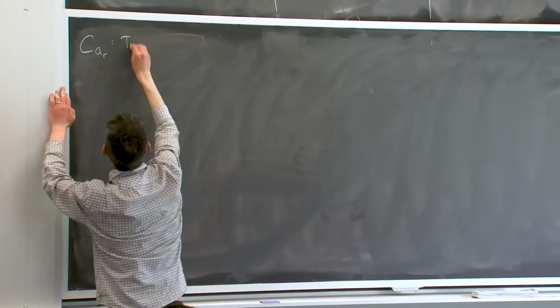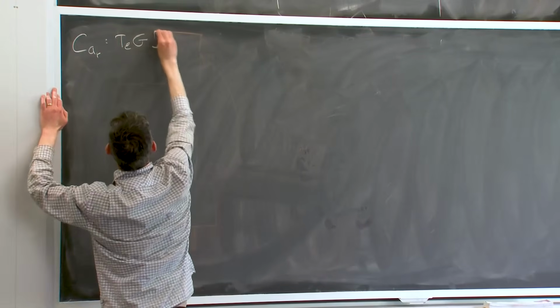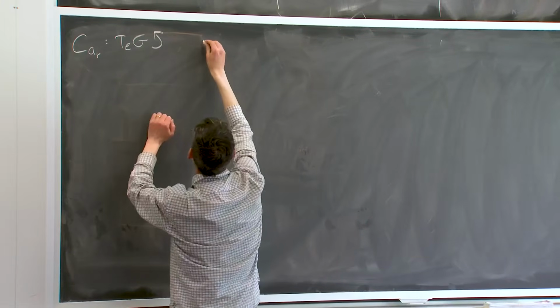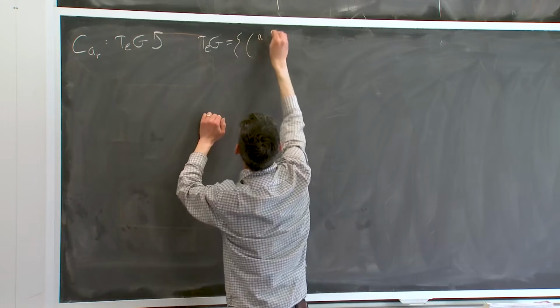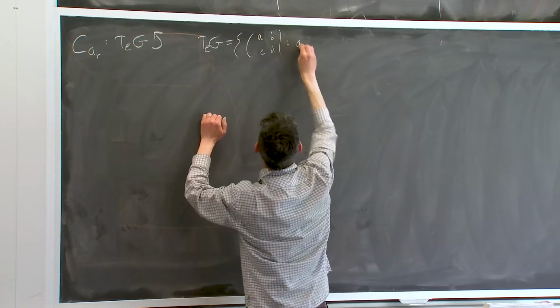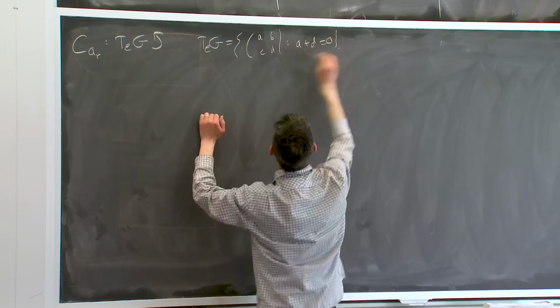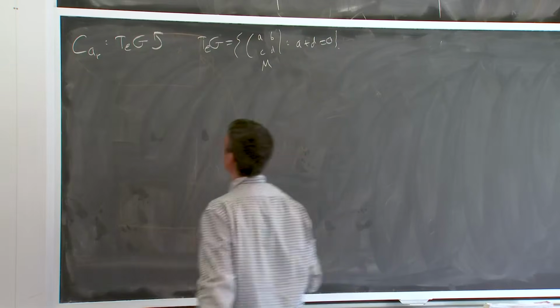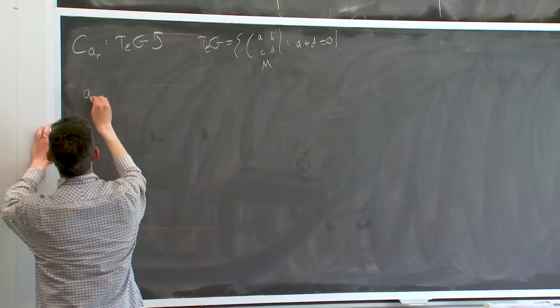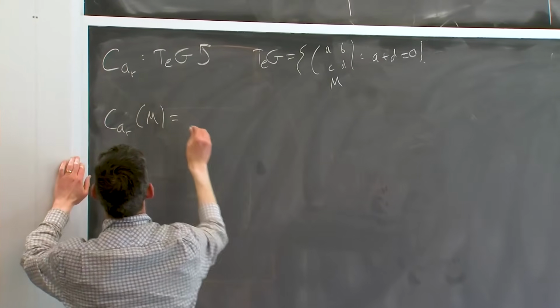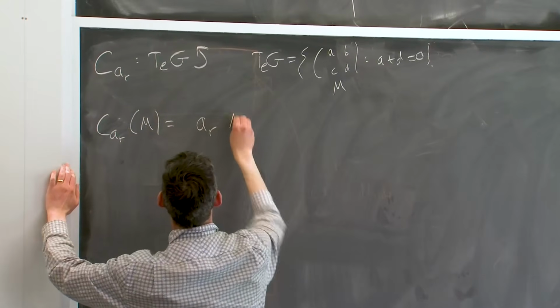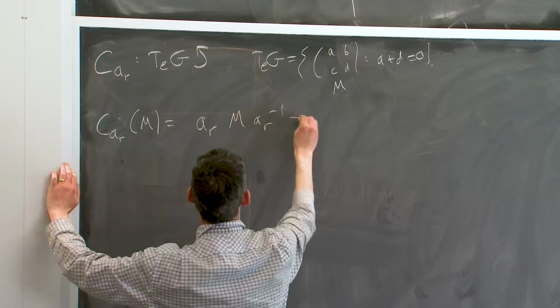OK, so I'm going to look at C sub A_r. That goes from the tangent space to itself. The tangent space is the set of matrices a, b, c, d with a plus d equals 0. Let's call this matrix M. And so C sub A_r of M is A_r M A_r inverse.